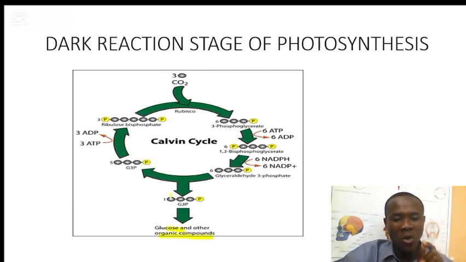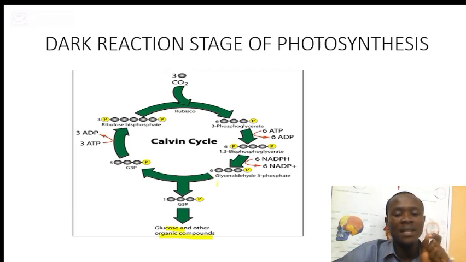As we have here now, one in front of the glyceraldehyde 3-phosphate. So one will be removed from that 6 to form glucose and other organic compounds. Now what will happen when we remove one from the 6?